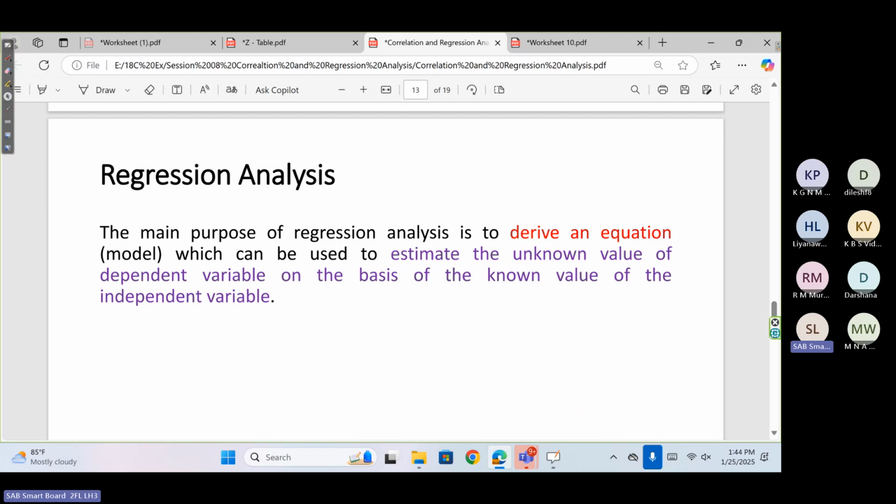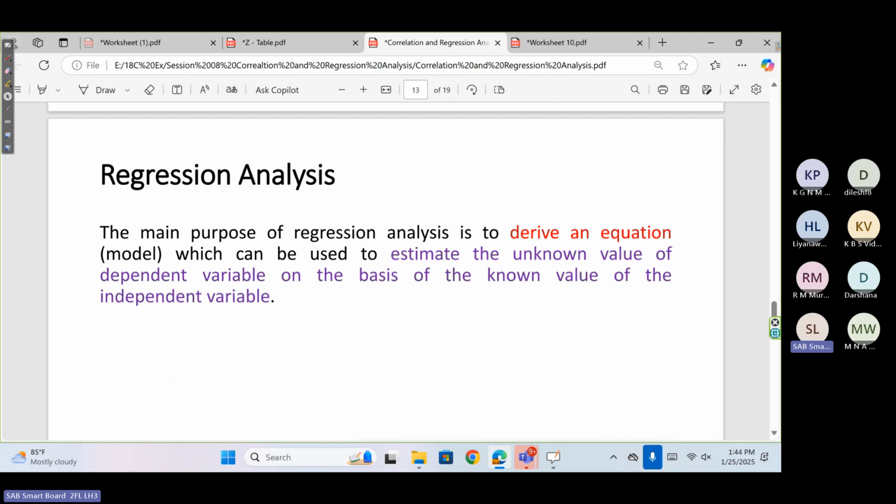Here, using the information, we derive the equation. This equation represents the relationship between the independent and the dependent variable.